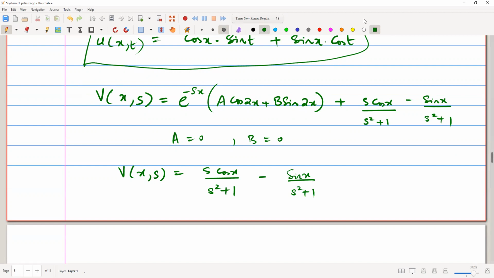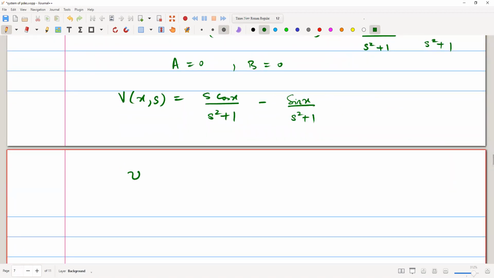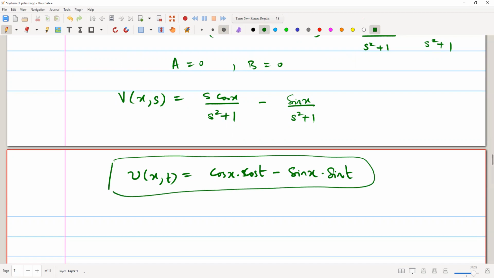And then taking the inverse transformation, we get v of x comma t equals cos x times cos t minus sine x times sine t. And then we can simply verify this by taking the derivatives and plugging the solutions back into the equation.